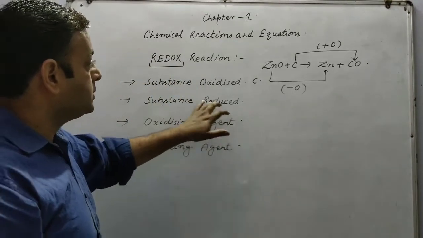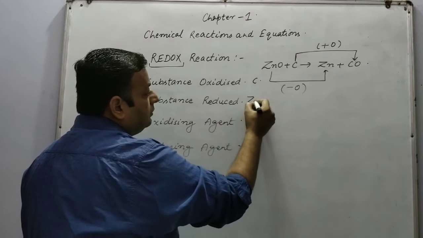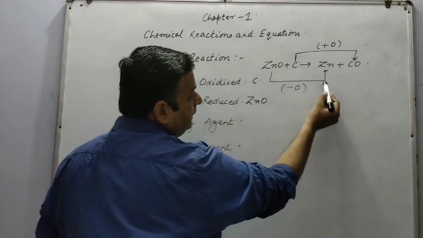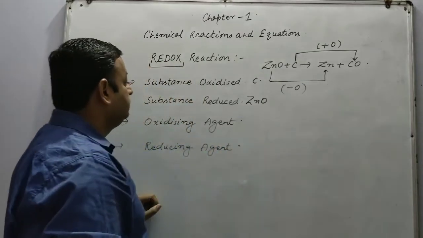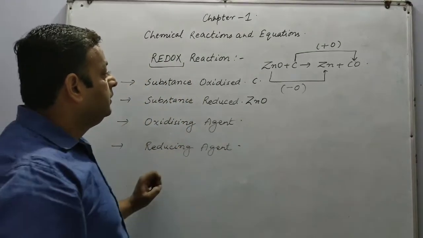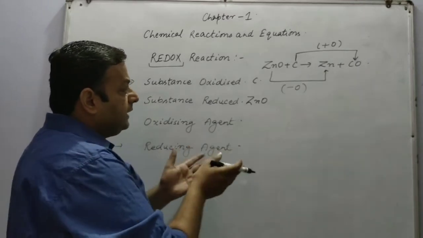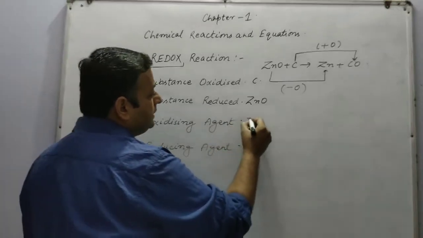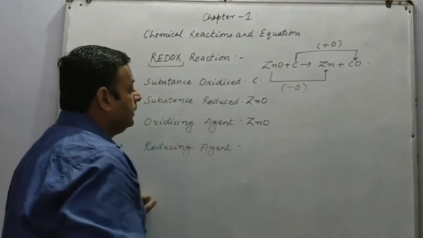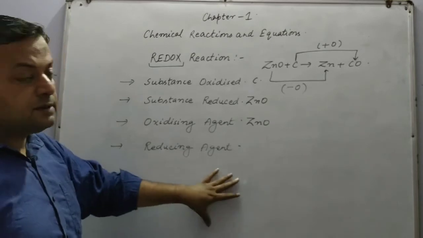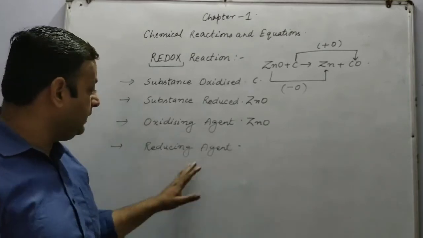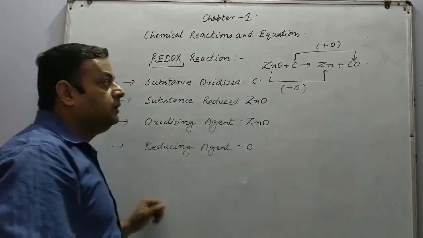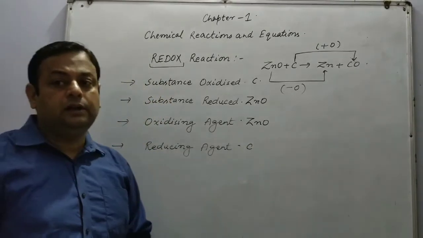The substance reduced is zinc oxide, because oxygen has been taken from zinc oxide so that it gets converted into zinc. Oxidizing agent, the substance which is getting reduced will act as an oxidizing agent. So oxidizing agent is zinc oxide, and reducing agent, the substance which is getting oxidized will act as a reducing agent. So reducing agent is carbon. So these are the two examples showing the redox reaction.